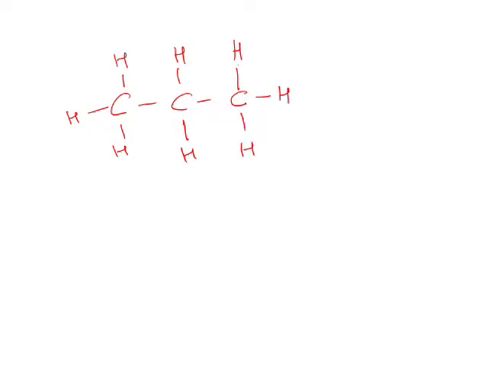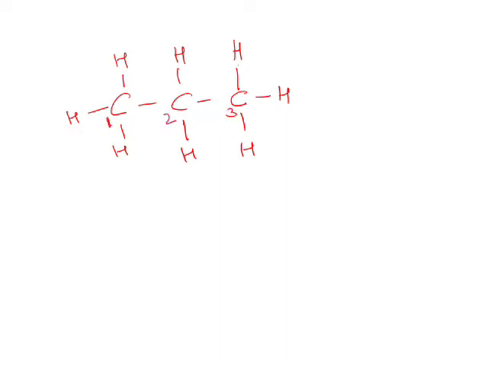Let's say you have this carbon, this is hydrogen, and we know that each carbon already has 4 bonds. This is carbon number 1, carbon number 2, 3.